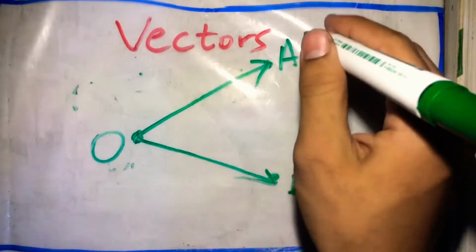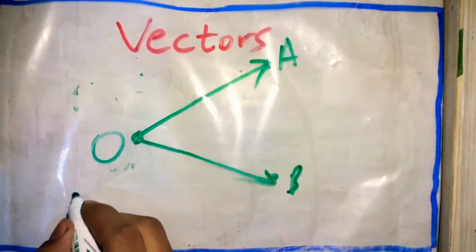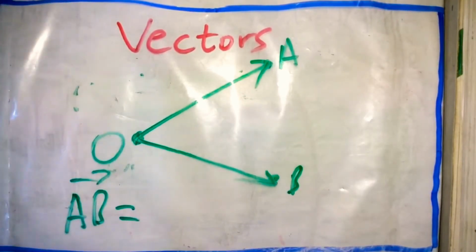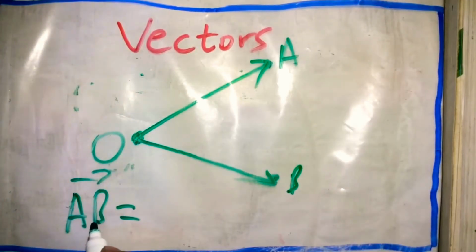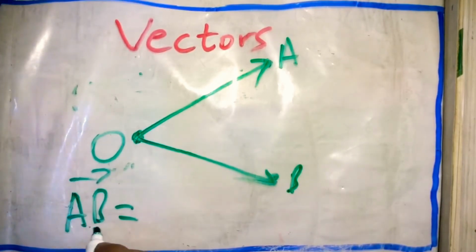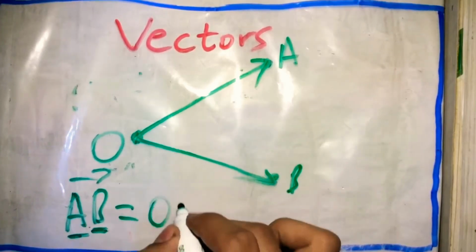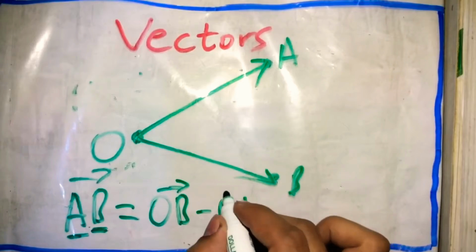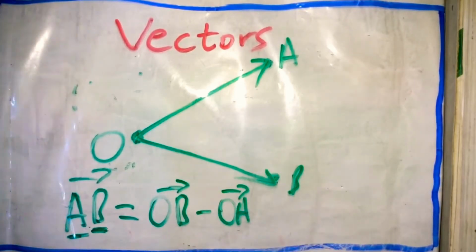Now if we have to find AB, and we have their position vectors, the formula is the position vector of the second point minus the position vector of the first point. That is written as OB minus OA. Now why is this so?